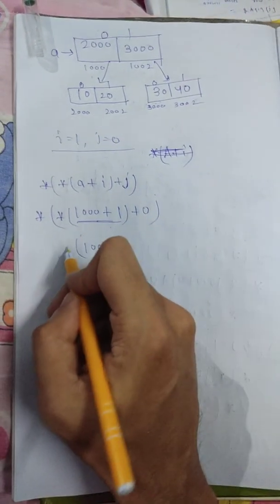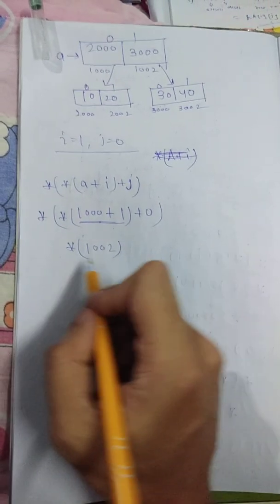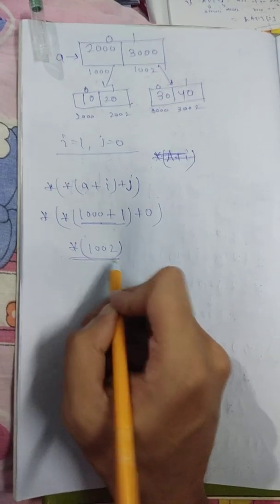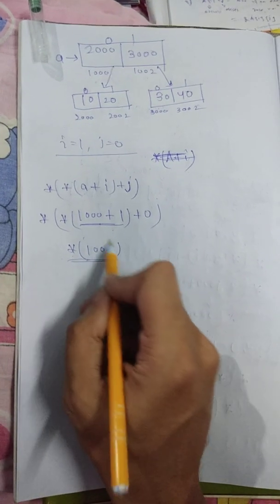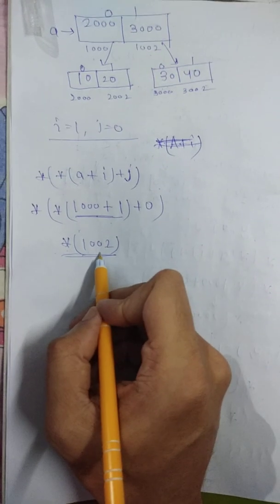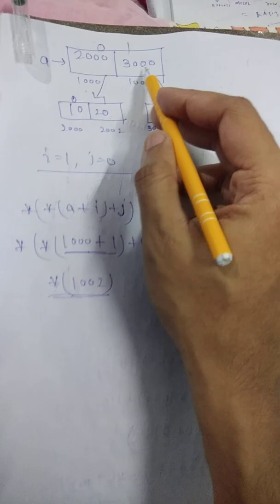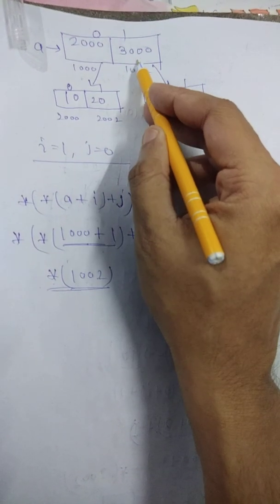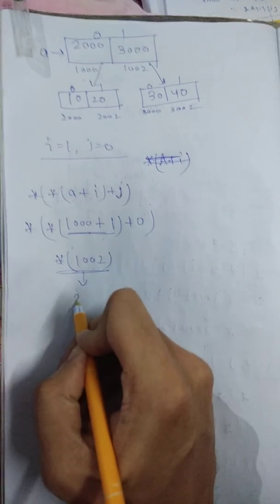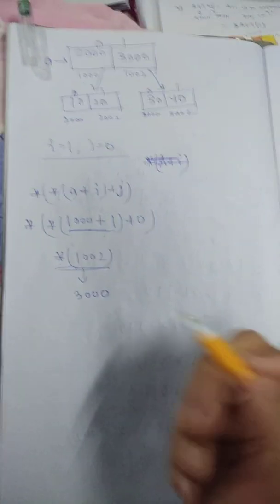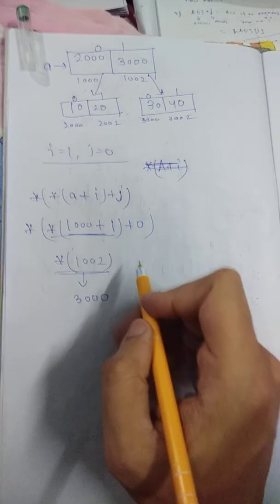Okay. And star. What is star 1002? This star 1002 means value at this memory location. What is the value at this memory location? See here, 3000. Value at this memory location is 3000. That means this gives 3000. Okay, so overall it gives 3000.